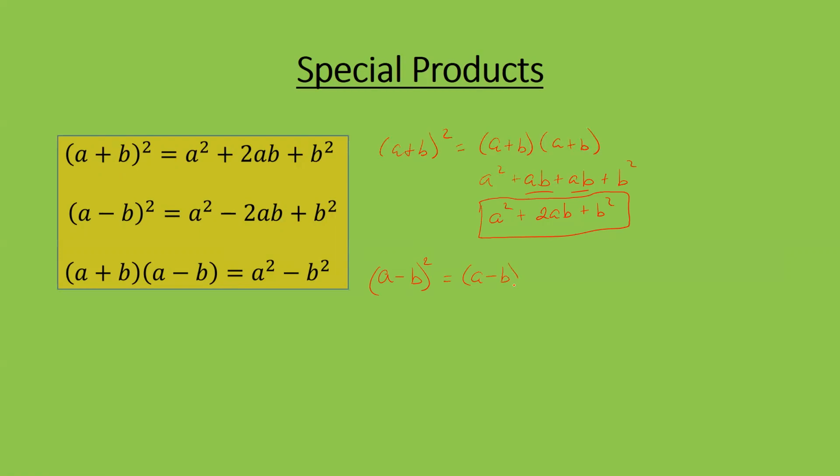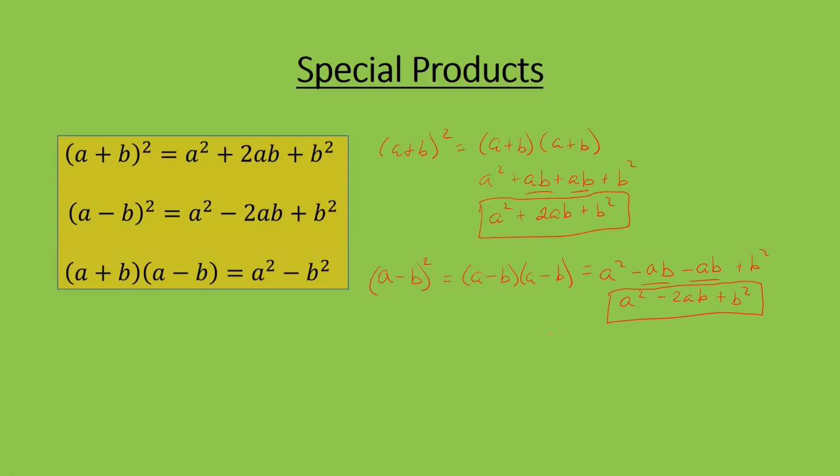What we mean is (a minus b) multiplying another (a minus b), where a times a is a squared, a times negative b is minus ab, negative b times a is another minus ab, and negative b times negative b is plus b squared. And the minus ab becomes minus 2ab. And so that's how you can check that the second formula is true.